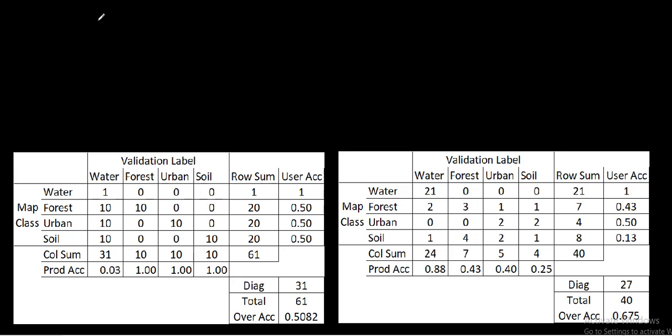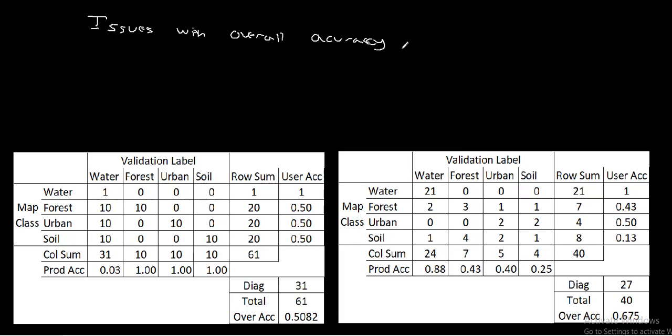And in this lecture video I want to talk about the issues with overall accuracy. If you remember, in the previous videos we talked about overall accuracy being the overall measure of the model.